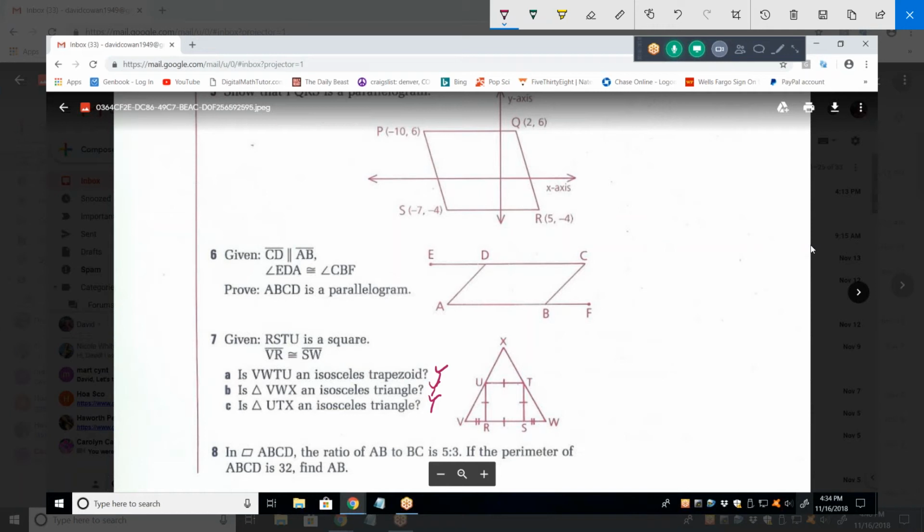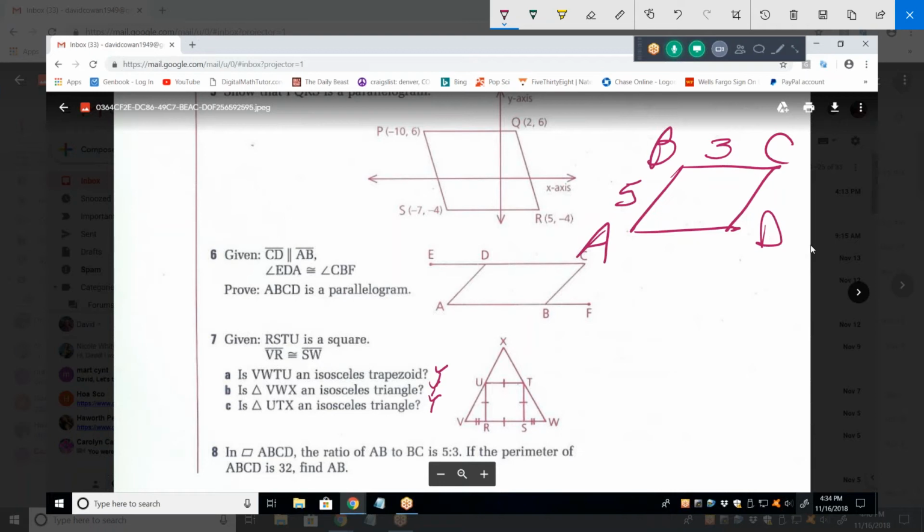In parallelogram ABCD, the ratio of AB to BC is 5 to 3. If the perimeter is 32, find what AB is.